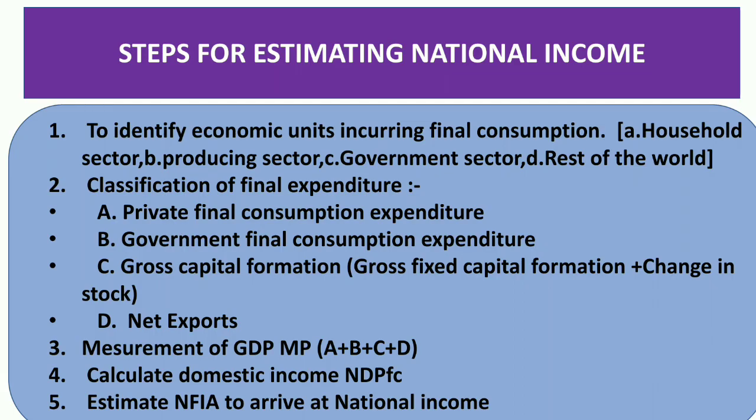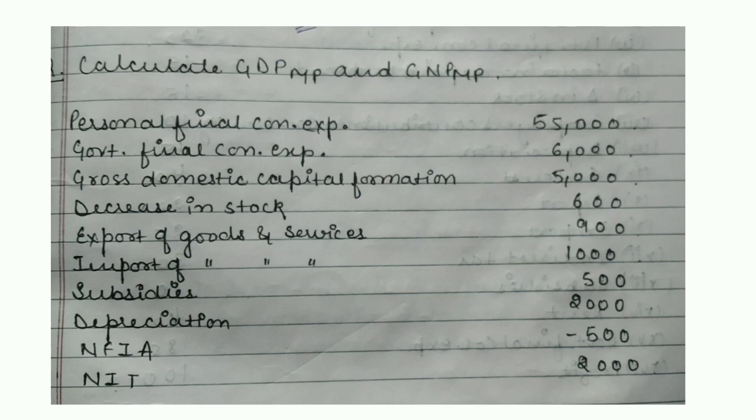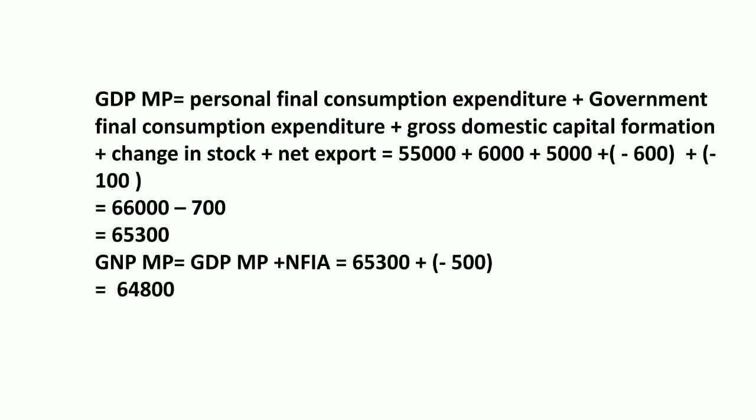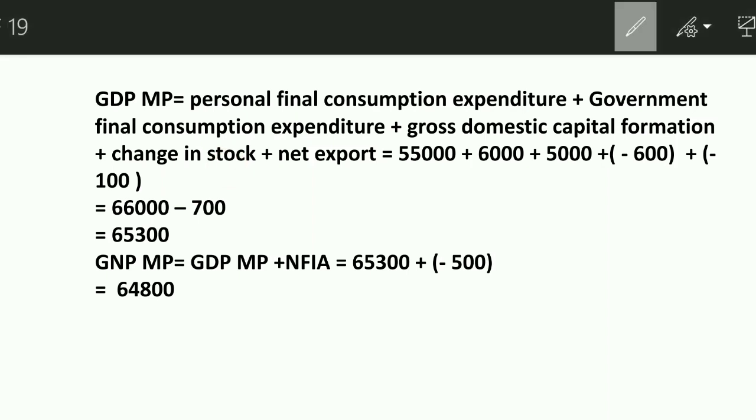Now coming to the next part. Here you can see I have again shown you the steps of estimating national income, so that while doing the question you can once more recapitulate it. It is a sum of all these things that we did: private final consumption expenditure, government final consumption expenditure, gross capital formation, and net exports. Now here is a neat and clean solution, but there is one problem with it. You can see that there is some print mistake.